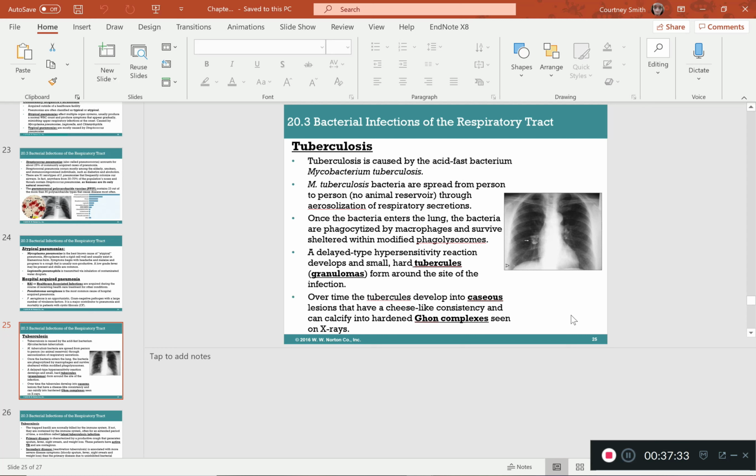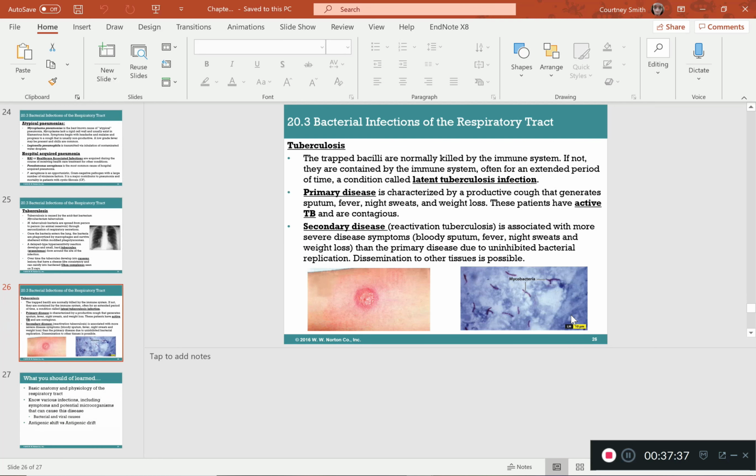I believe that's all I'm going to say about tuberculosis other than clinical presentation. Generally at first, whenever you get exposed to TB, you'll have a severe cough with sputum production, and then you'll have fever, night sweats, and a lot of weight loss. This is where TB is considered highly contagious. Then you have the secondary presentation, which is where tuberculosis gets reactivated.